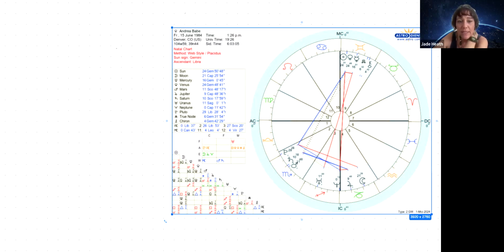So the sun is trine Pluto. That is a trine. Sun, trine Pluto. And it looks like Pluto is also trine Venus. We have this aspect coming in here.